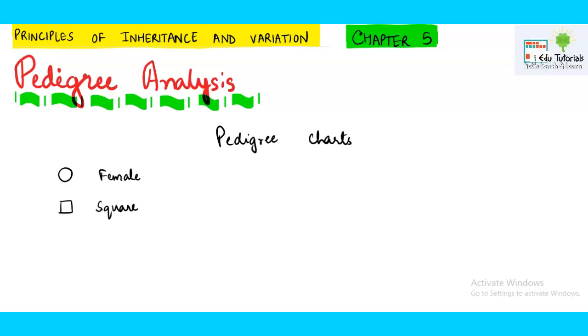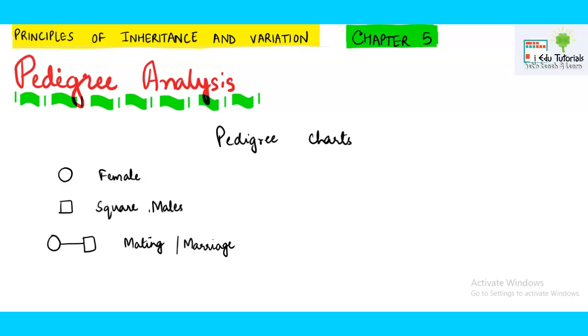Circles are used for females, squares are used for males, and if they are going to marry each other, then they will be shown by a horizontal line. So if mating or marriage happens between a female and a male, then it will be shown by a circle and a square with a horizontal line in between.